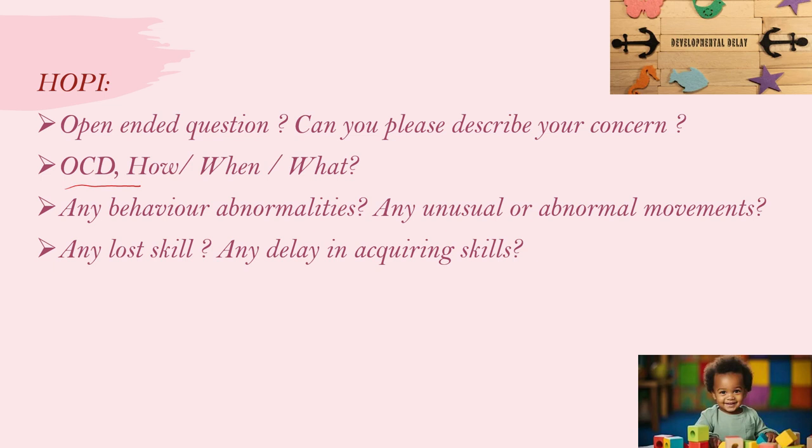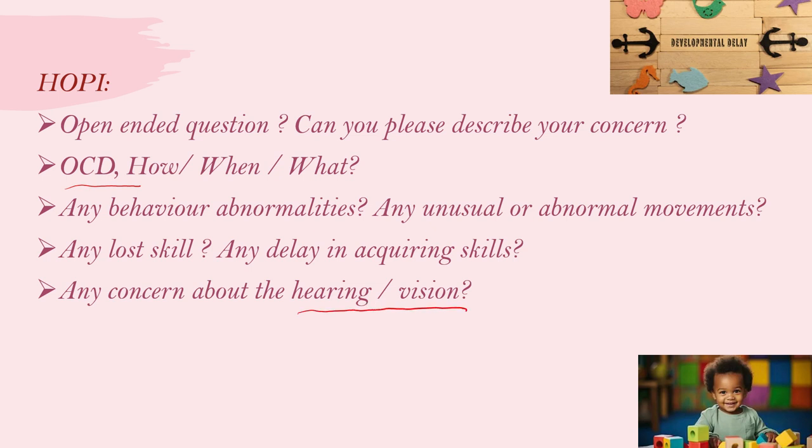Ask whether John has lost any skills recently, or if there is any delay in acquiring skills compared to other children of the same age. And always ask if there is any concern about hearing and vision. Very important.